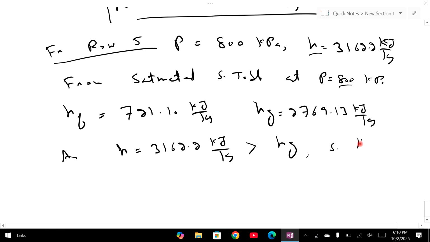So the water is in the superheated region.